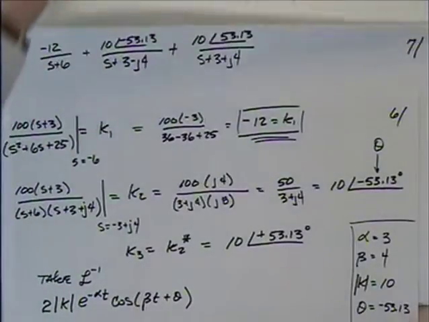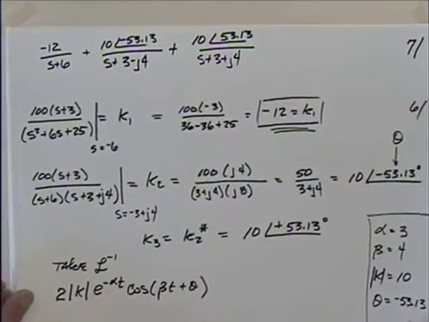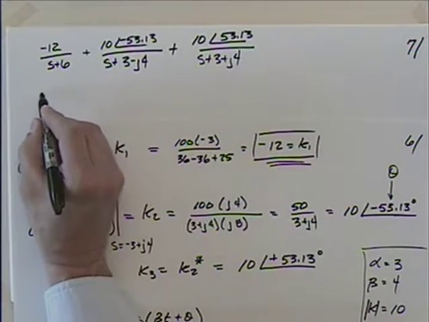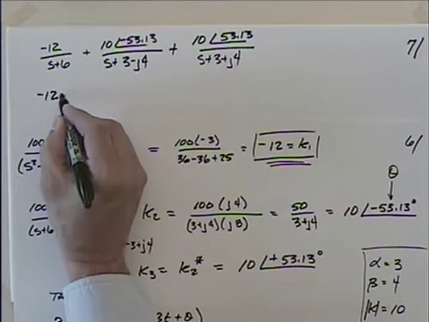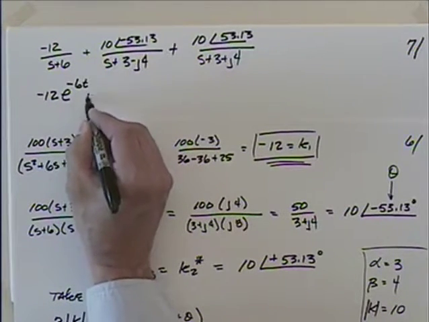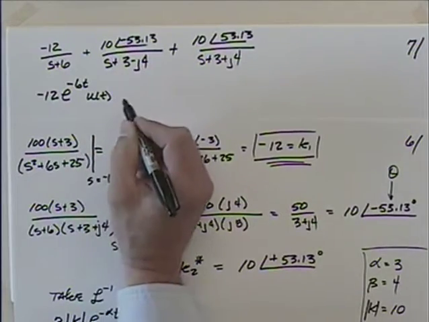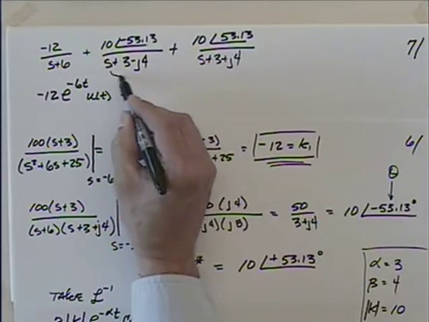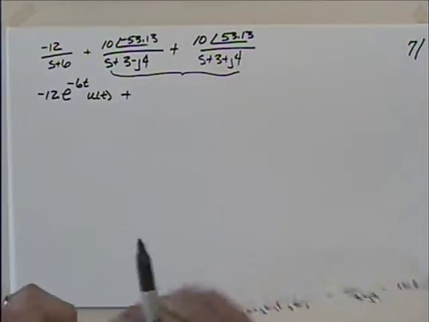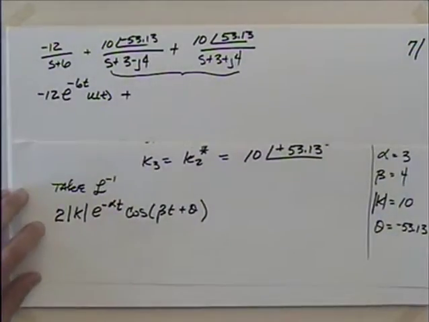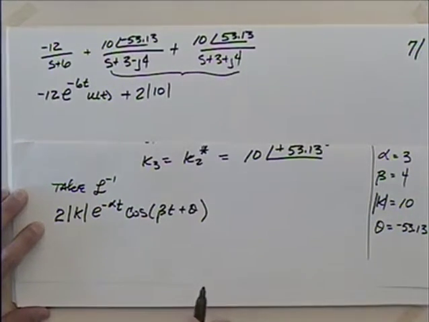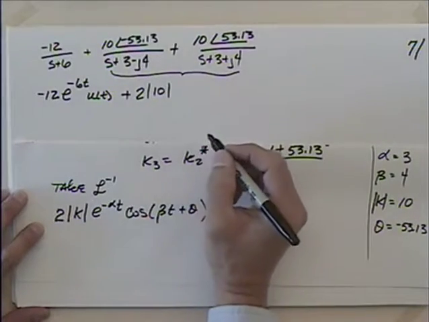And now I should be ready to take the inverse Laplace transform. So this one's pretty easy. We've done that one before. Minus 12 e to the minus 6t u of t. And then these two, I get to use what I've learned here. I'm going to have 2 times 10, that's the magnitude of the complex terms.